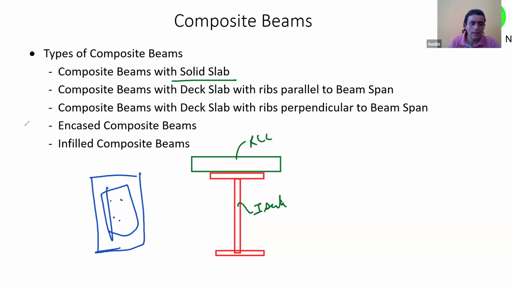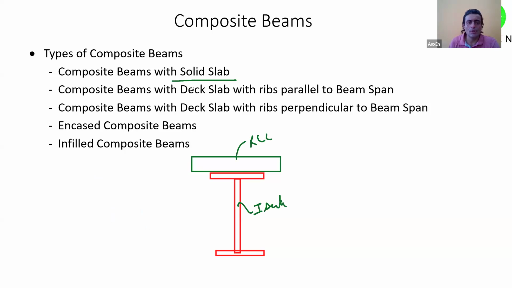But for encased and beam on beam with solid slab on top of it or deck slab on top of it, I was always drawing this I section. So can I not have any other section type is my question. So yes, I can of course have other section types.